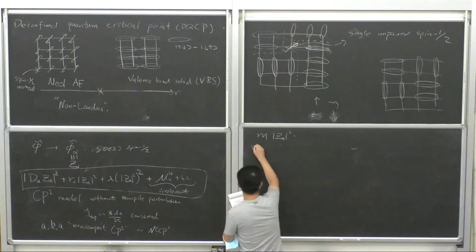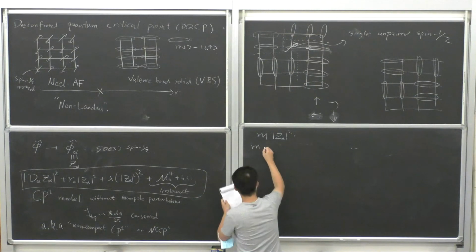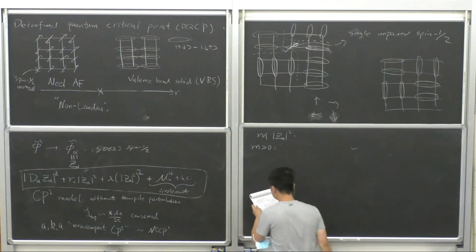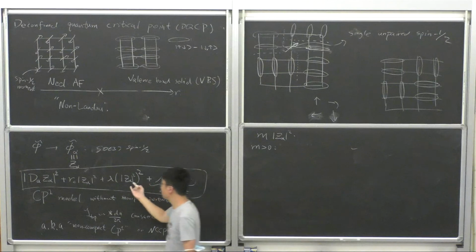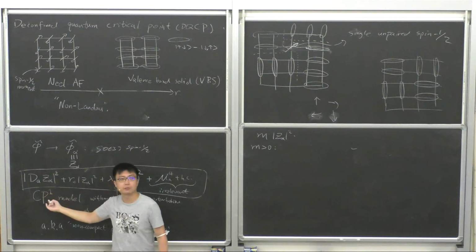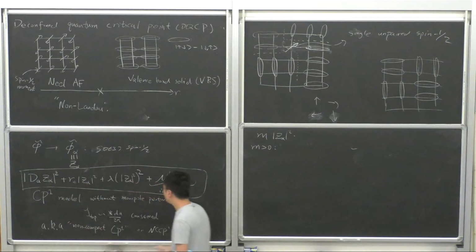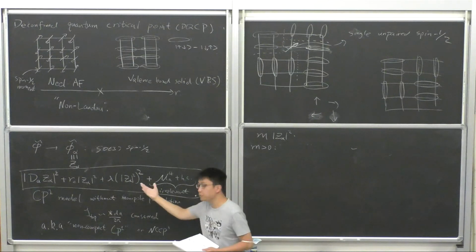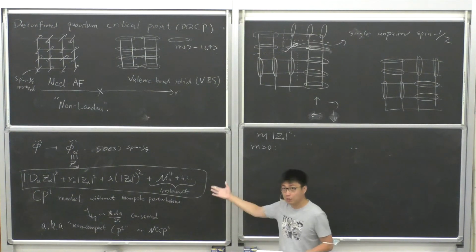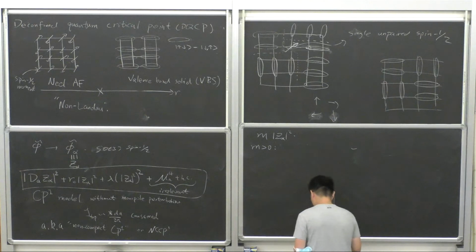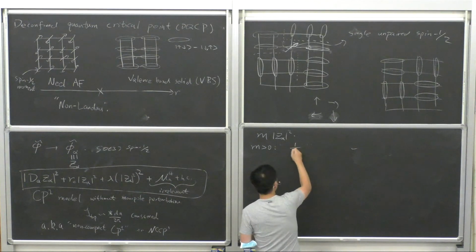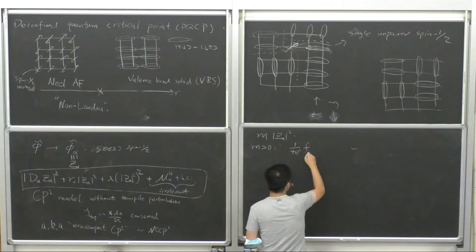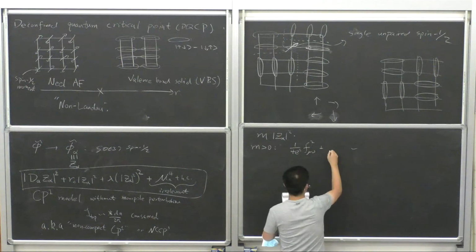So if the mass is greater than 0, then these charged bosons are just gapped, so just throw them away. What do you have left? Well, you're left with a pure Maxwell theory. But now with monopole perturbation, let's put them back. So you have Maxwell plus monopoles.